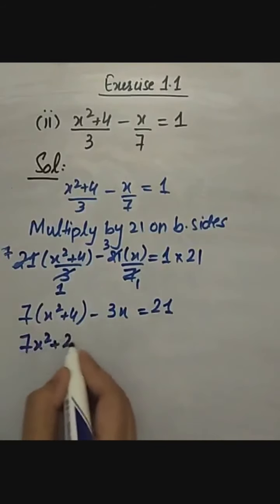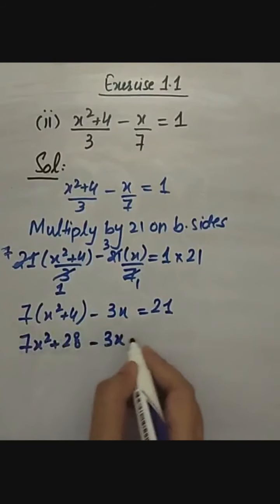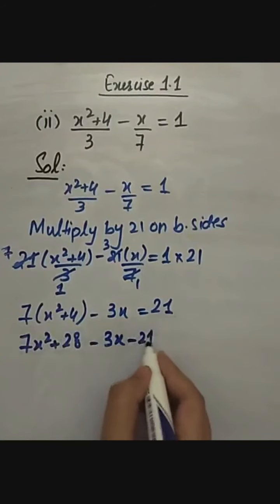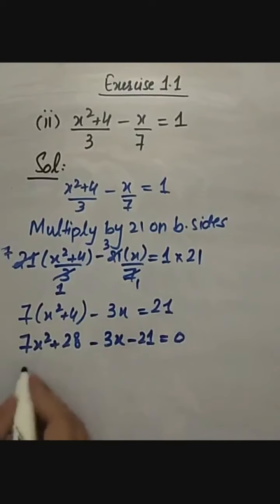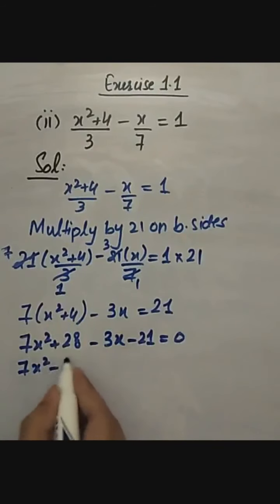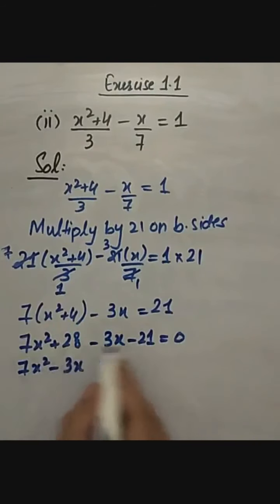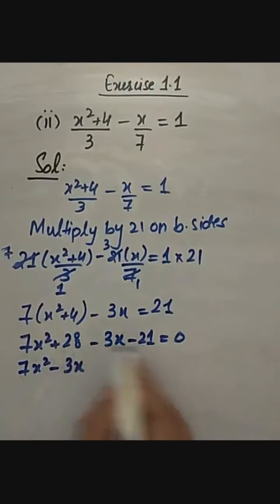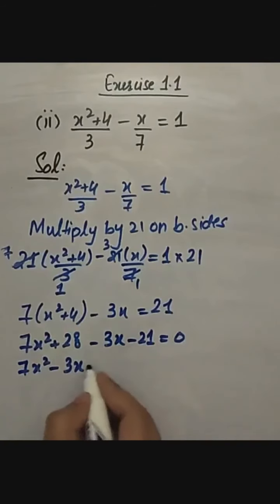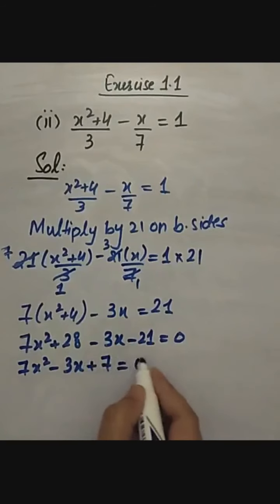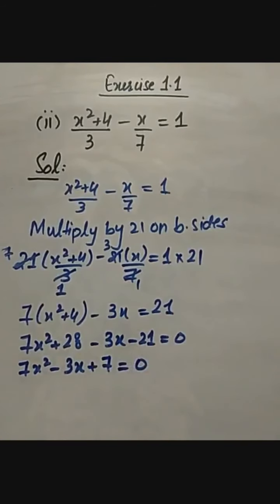7x square 7 4 the 28 minus 3x, take it to the left side, minus 21 equal to 0. 7x square minus 3x plus 28 minus 21. 28 minus 21 is plus 7 equal to 0. Clear?